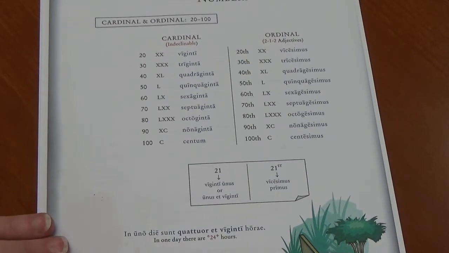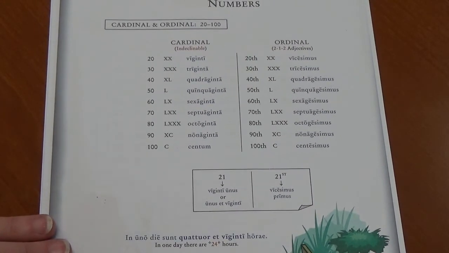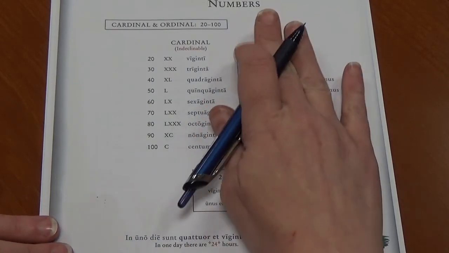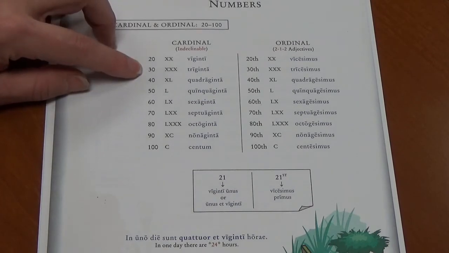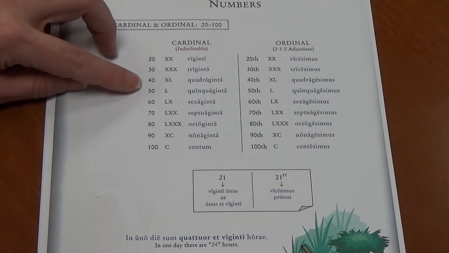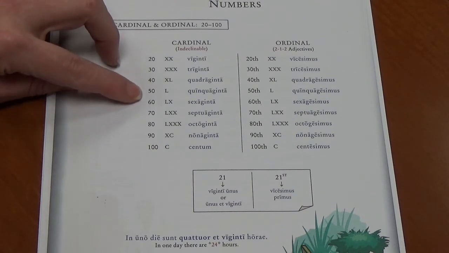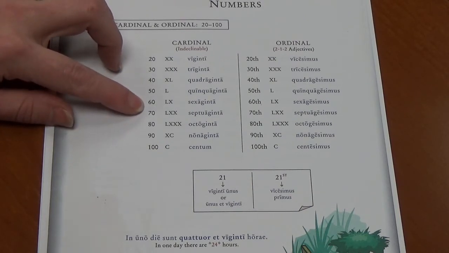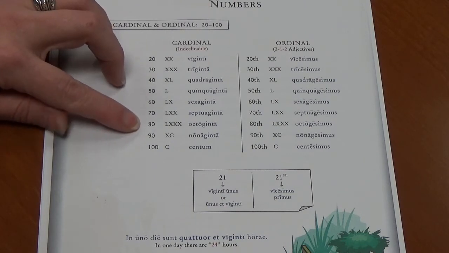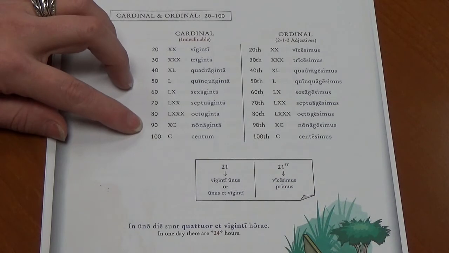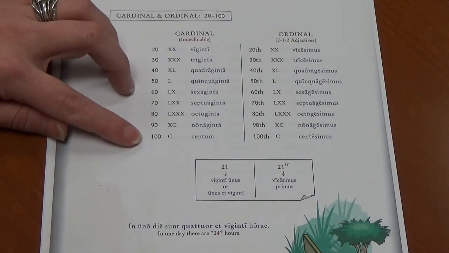Now, 20 to 100, we continue on with our cardinals, ignoring the ordinals. Viginti. Oh, now we go straight to 30, right? Triginta, quadraginta, quinquaginta, sexaginta, septuaginta, octoginta, nonaginta, and centum.